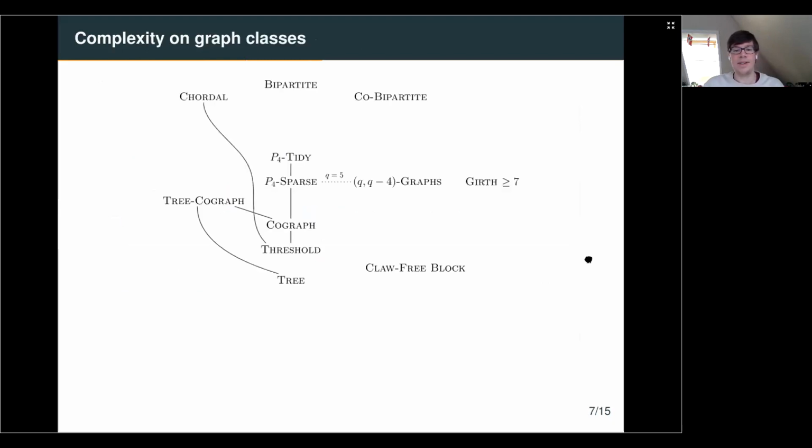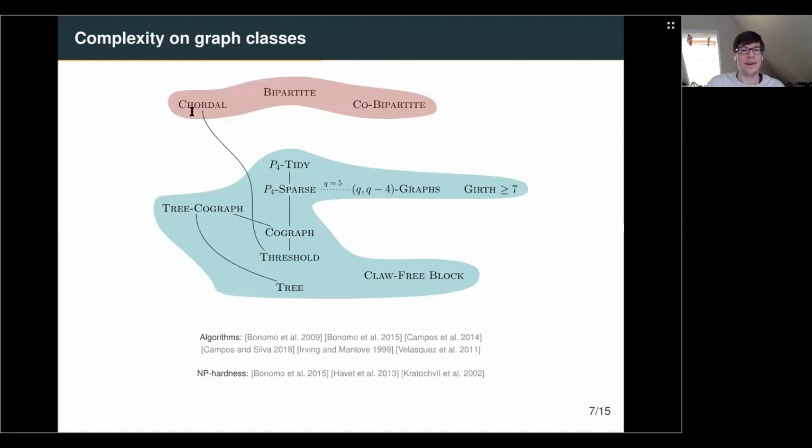Now, over the years, a lot of work has been done for this problem on graph classes. So to the best of our knowledge, these are the results concerning the complexity of the problem on graph classes, where for the top 3 classes it has been shown to be NP-complete, so all the red ones.